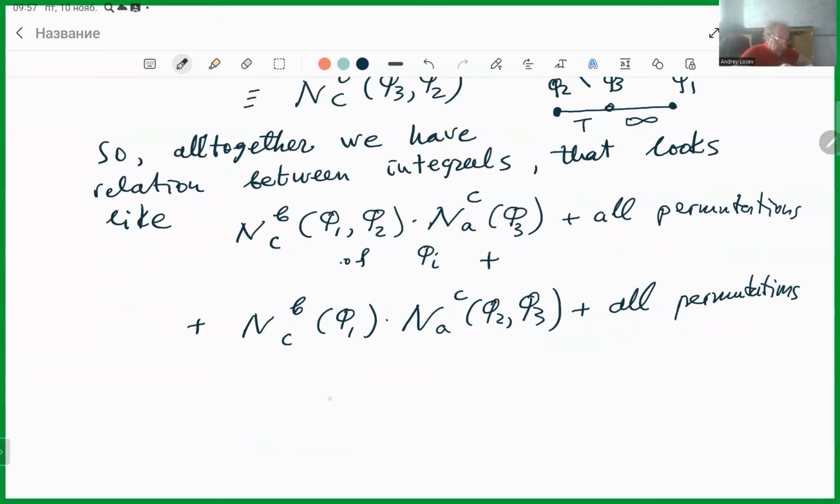Because the second term was actually coming from the configuration phi 1, infinitely long distance, phi 2, phi 3. And this sum equals 0.